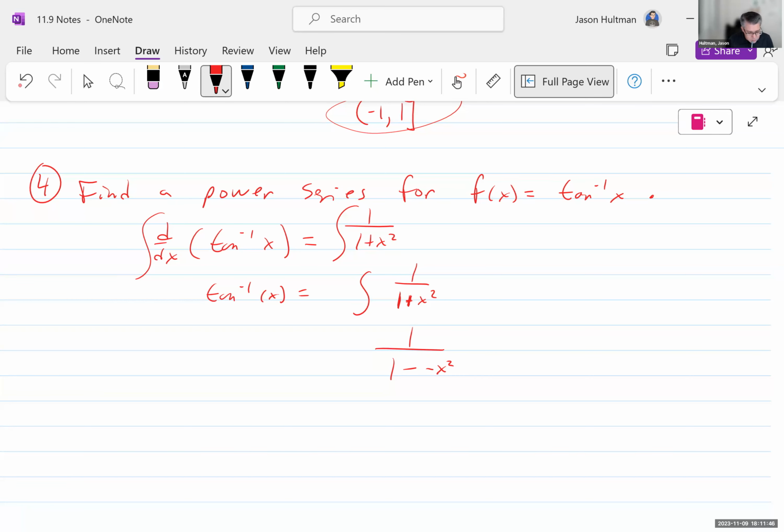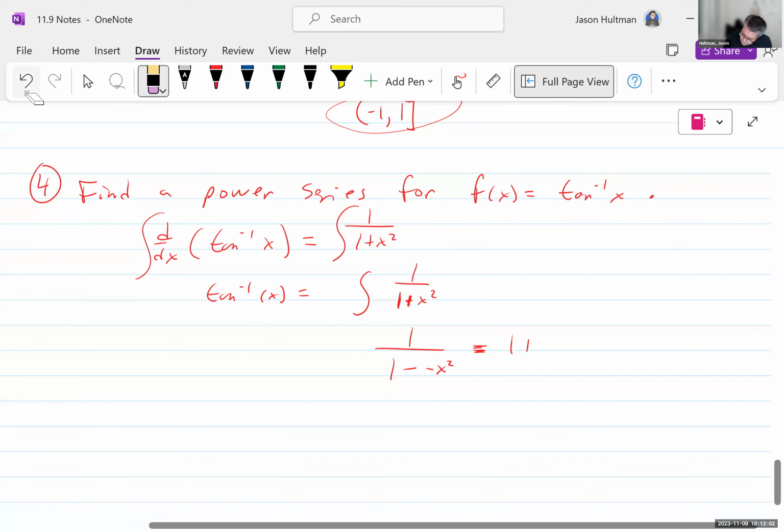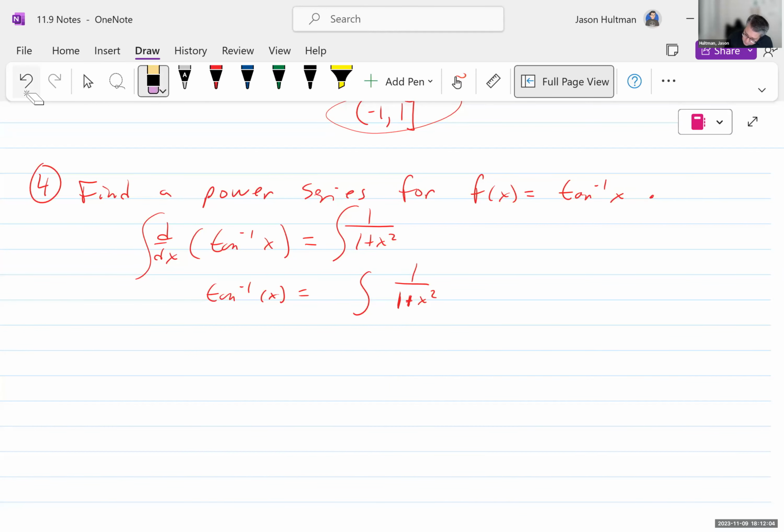Okay, perfect. So this is equal to 1 plus negative x squared, right? Let me write this over here. 1 over 1 plus x squared equals 1 over 1 minus negative x squared.